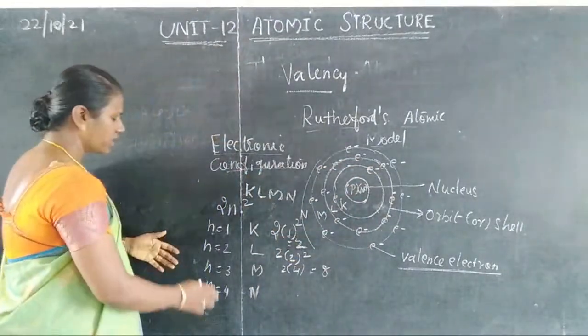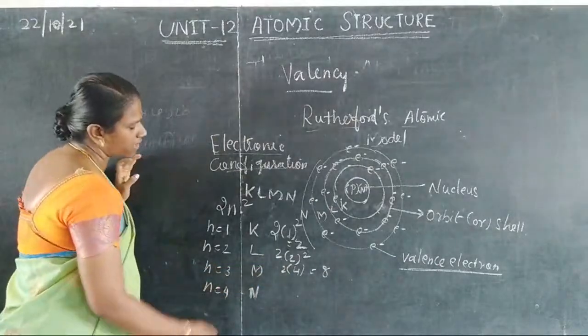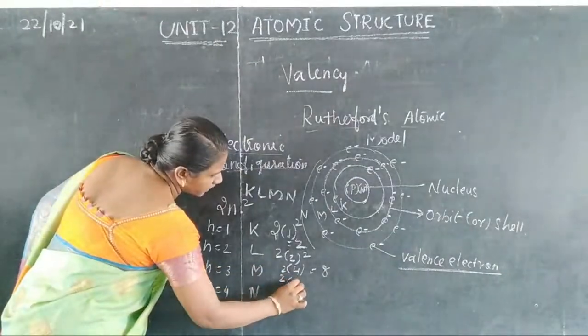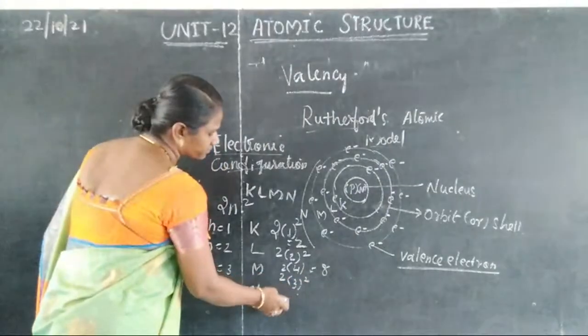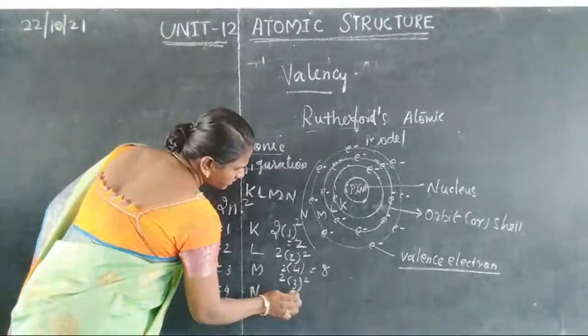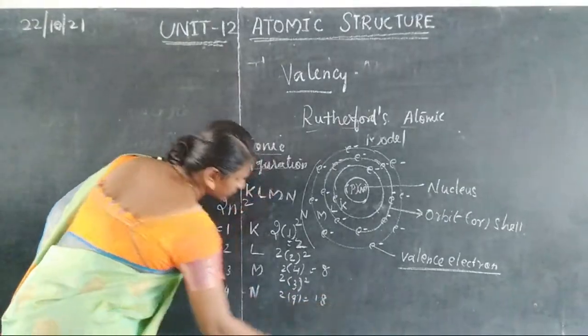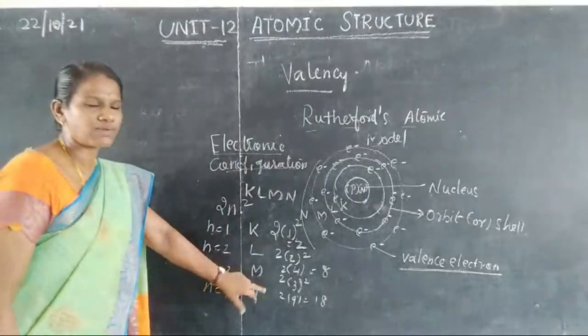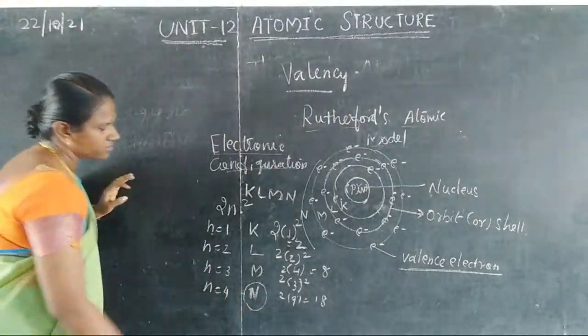Then if n is equal to 3, that shell is M. That means 2 into 3 the whole square, which is 9, into 2, so 18 electrons can be accommodated in the M shell. And what about N?